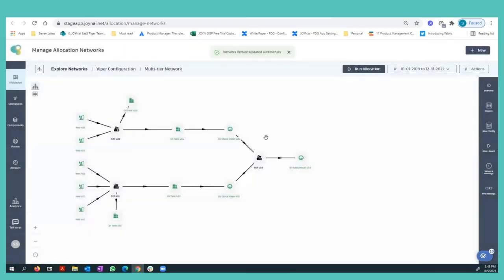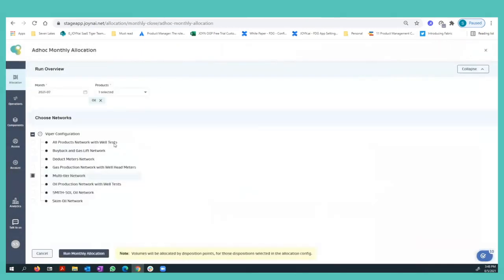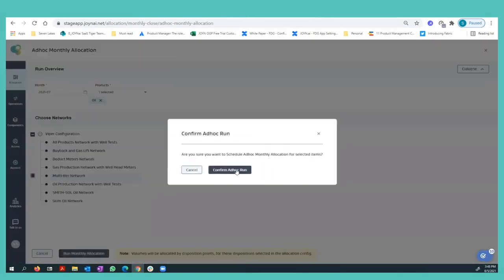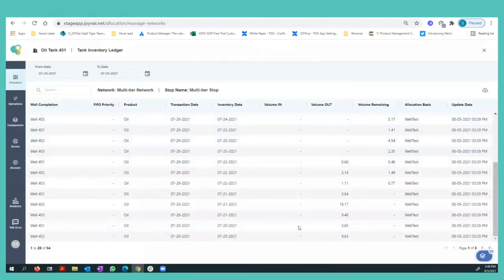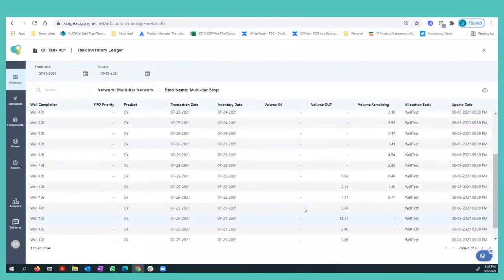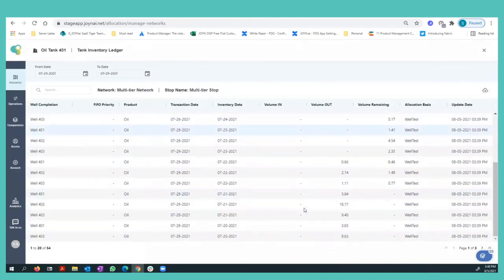So I save this now, and now I go and rerun the allocation for the month of July. That would ensure that my drawout logic here is implemented correctly.